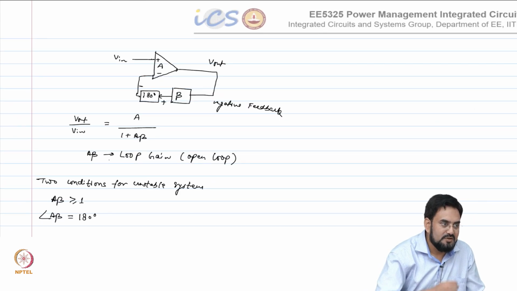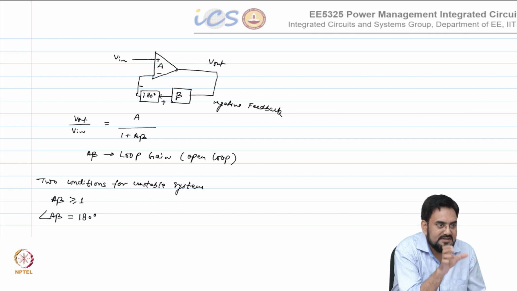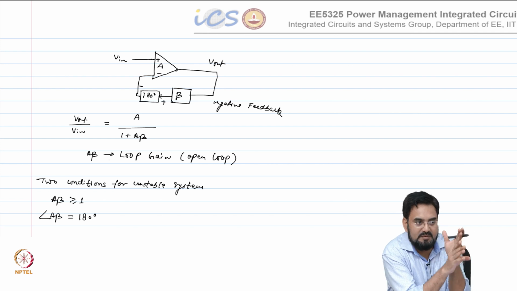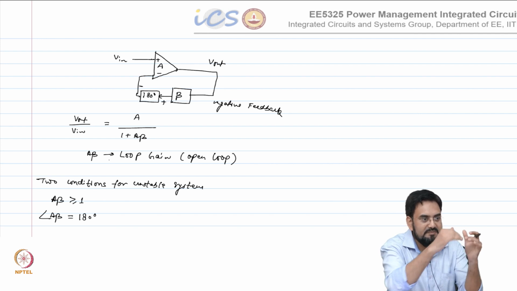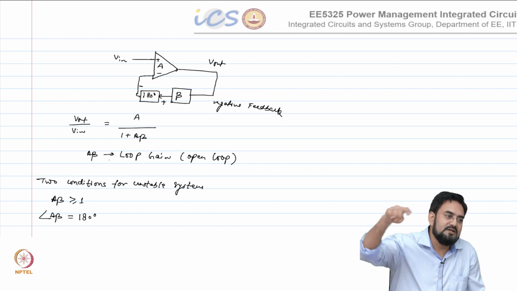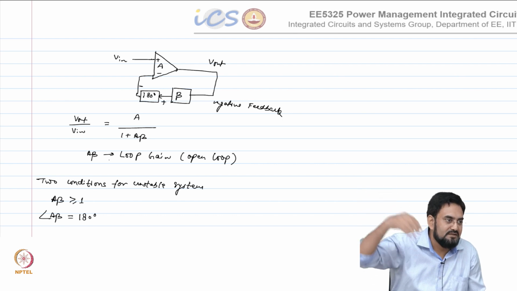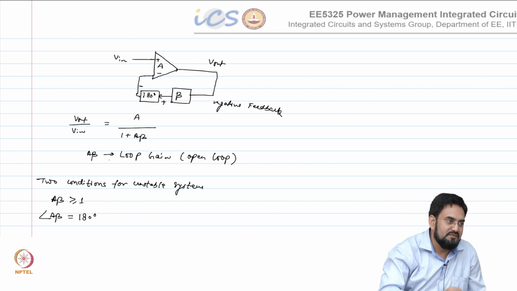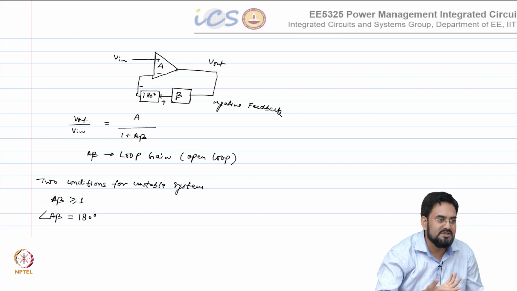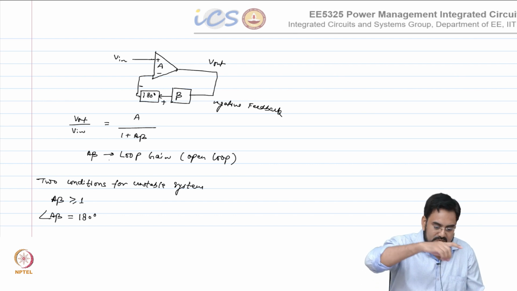So if your A beta is less than 1, think about every time you multiply by a number which is less than 1, it will keep decreasing. If you have k to the power infinity, where k is less than 1, let us say 0.9, it will become 0. That is what happens when you travel around the loop.